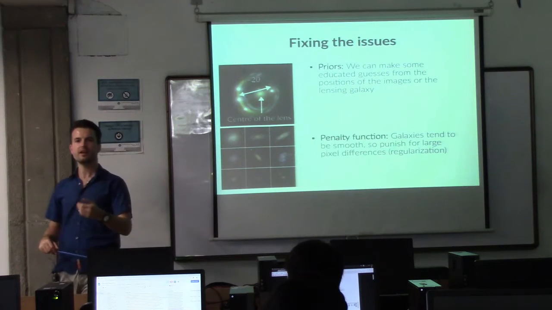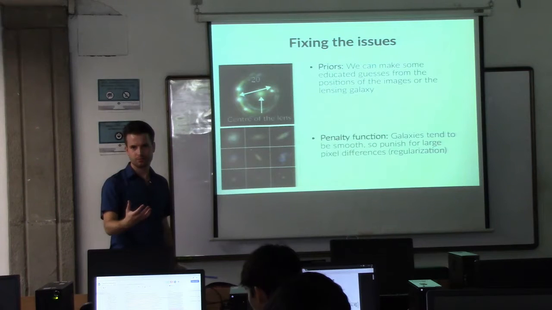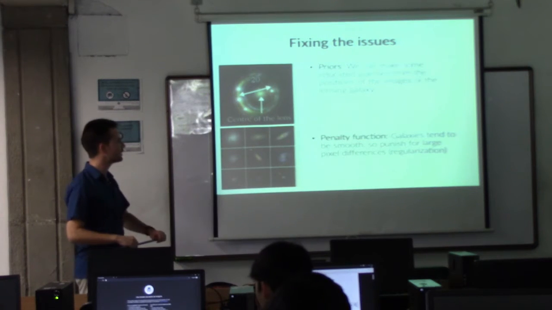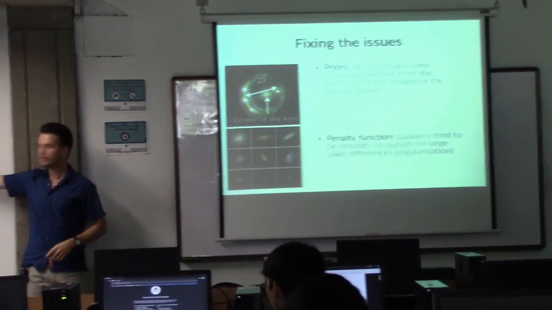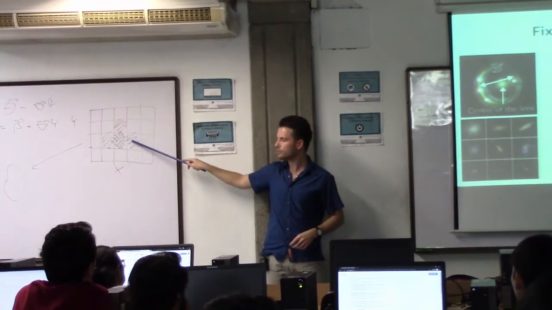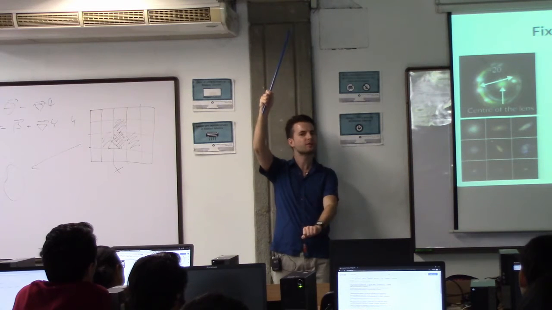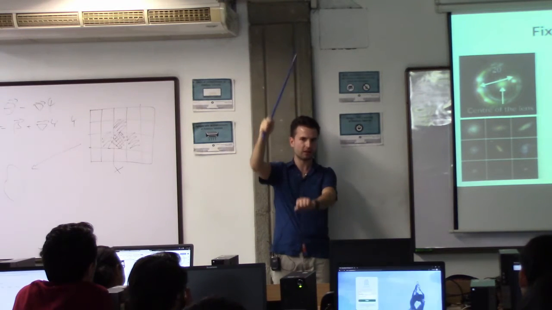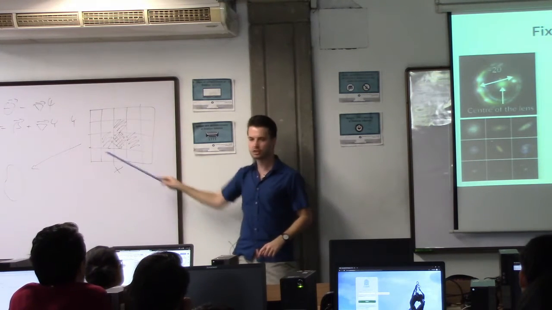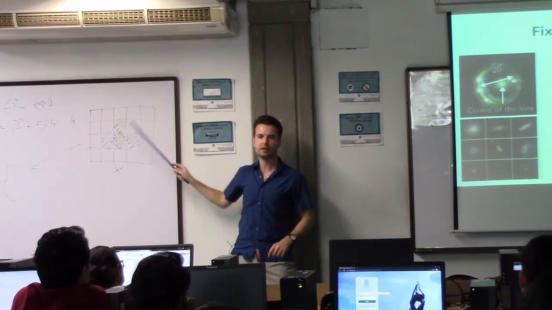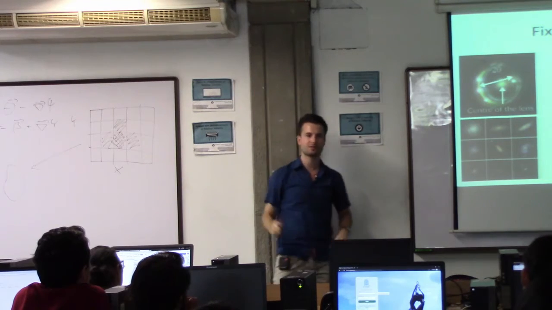So what you can say is, my source has to be smooth to a certain extent. And what you can do is say, if the differences between the values of neighboring pixels in my source are too large, I don't think this is the correct solution, and you penalize this solution. So you don't minimize only the chi-square, you put some additional term in to make sure that you can't have one super bright pixel and next to it a very faint pixel.